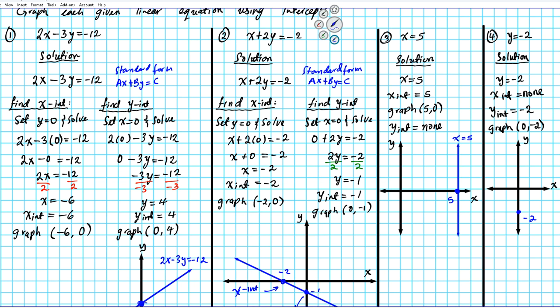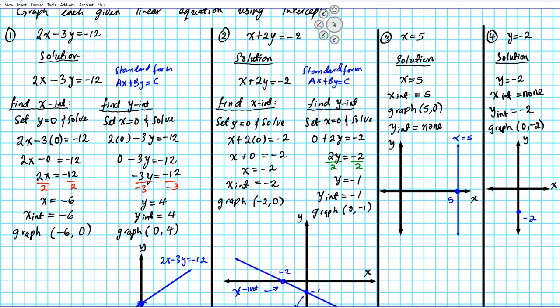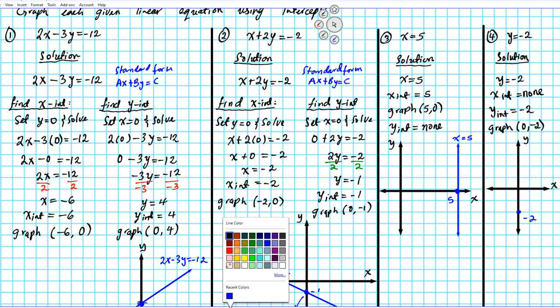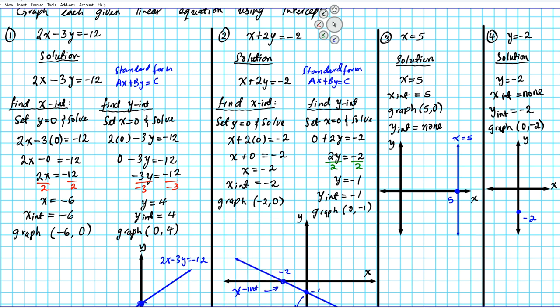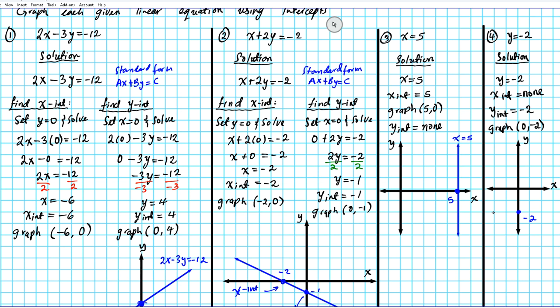Okay, so now this is the goal. We're going to draw a line that goes through the point 0, -2, but never touches the x-axis. So a line that never touches the x-axis and goes through this point will have to be a line that's parallel to the x-axis. It's going to have to be a what type of line? A horizontal line. So it's going to be a horizontal line right here.